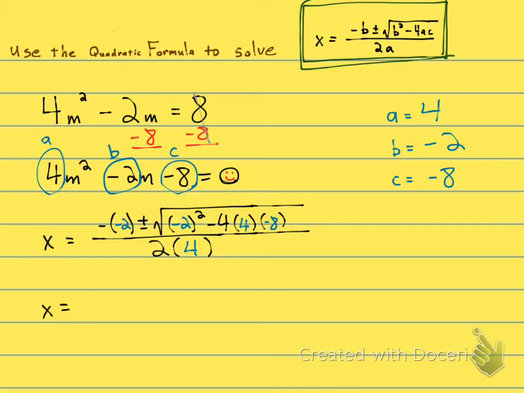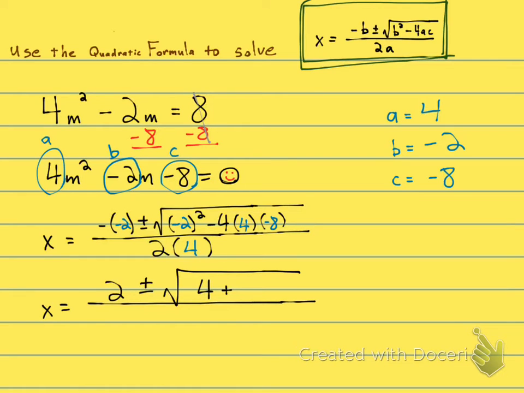X equals, now I have the opposite of negative 2, which is a positive 2, plus or minus the square root of, okay, let's see, negative 2 squared is positive 4. And then we have minus, and when I multiply these three, it's going to be negative, so minus a negative is a plus. And then 4 times 8.